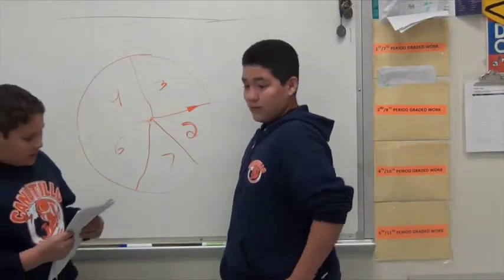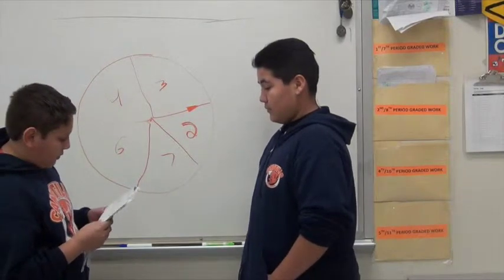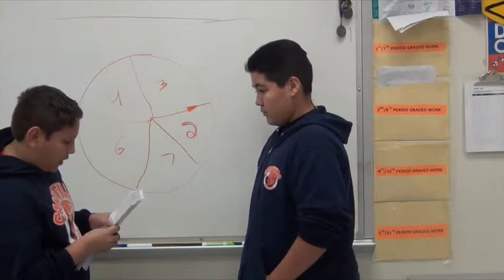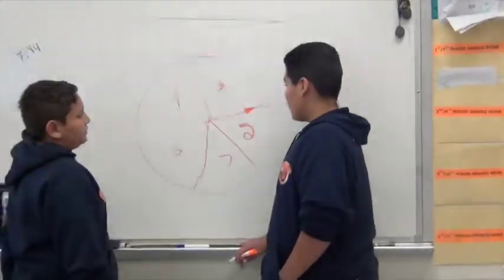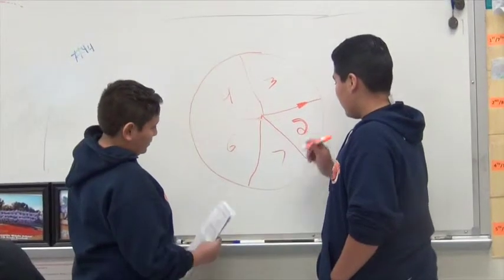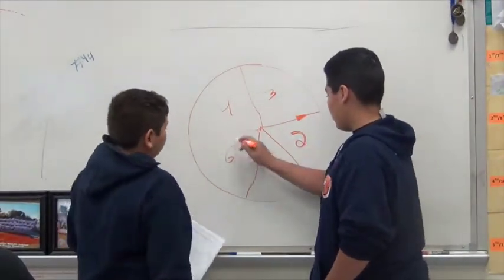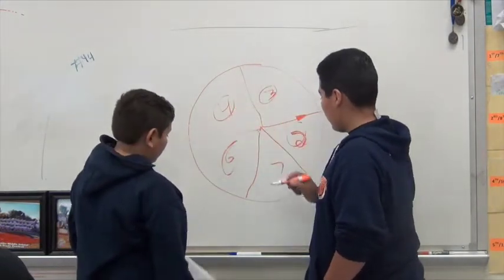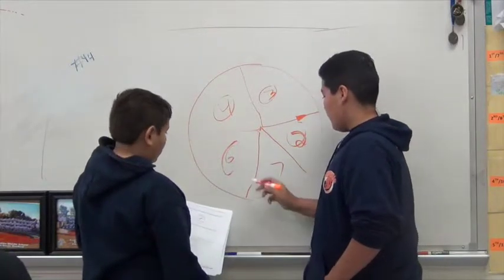The spinner below is divided into equal sections. Kyle will spin the spinner one time. What is the probability that Kyle lands on an even number or a number less than 7? First, we will circle the numbers less than 7, which is 6, 2, 3, and 4. And then we will check mark the even numbers.